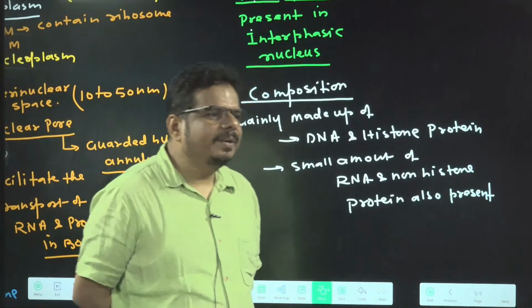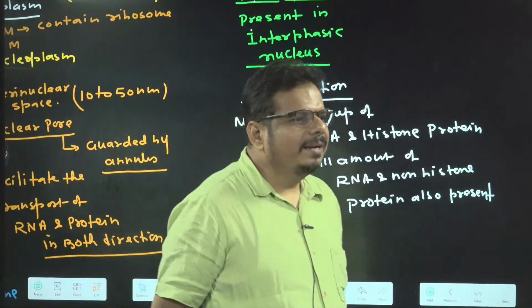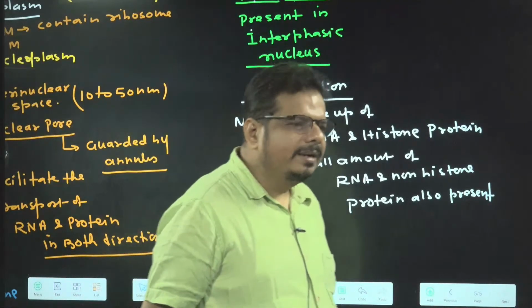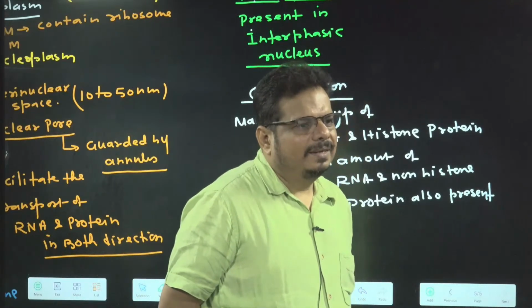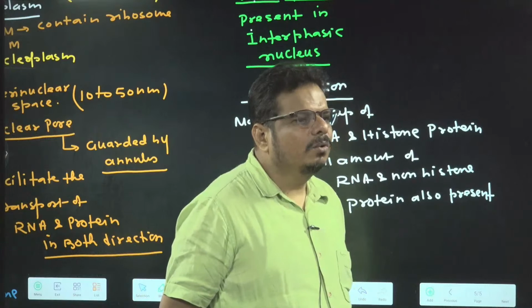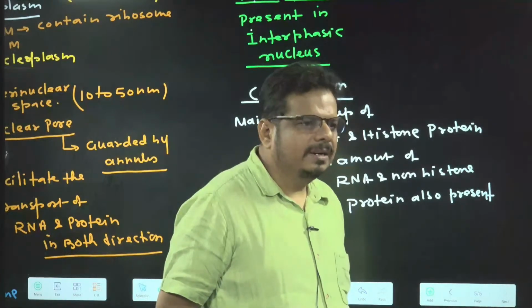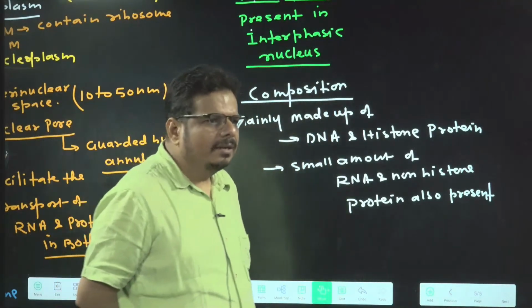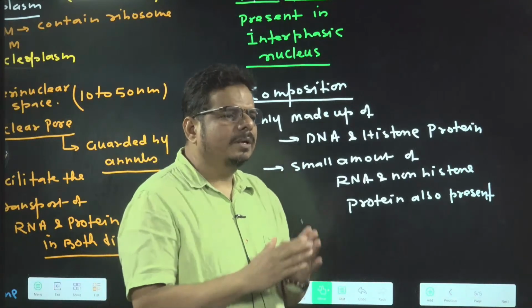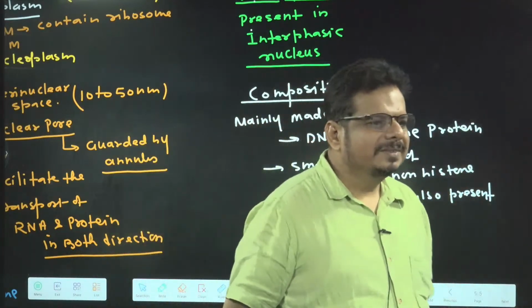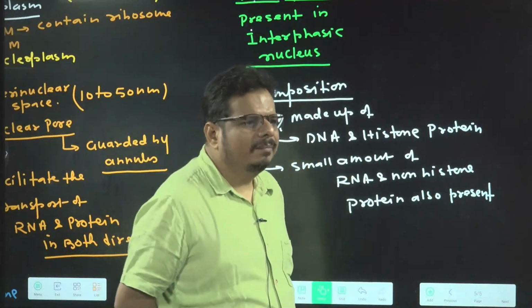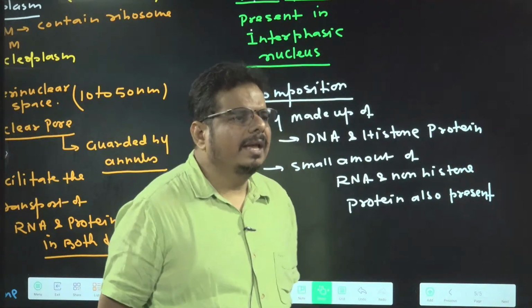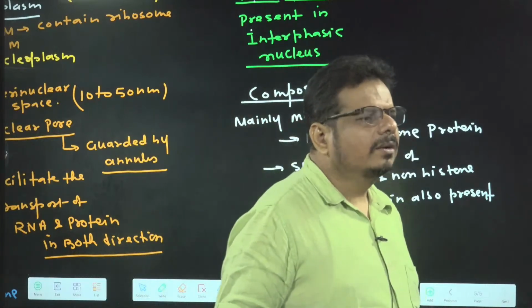Chromatin is present in the interphasic nucleus. It is not present in a cell undergoing division. When the cell divides, chromatin is converted into chromosome. In late prophase, metaphase, anaphase, it becomes chromosome.